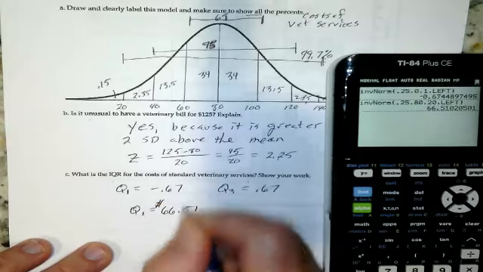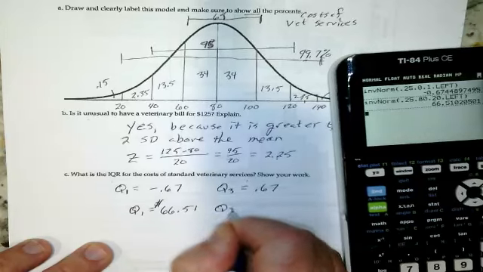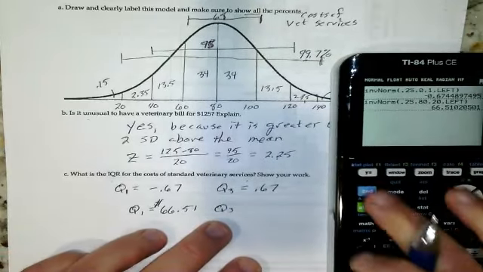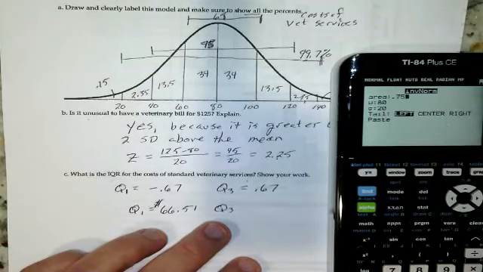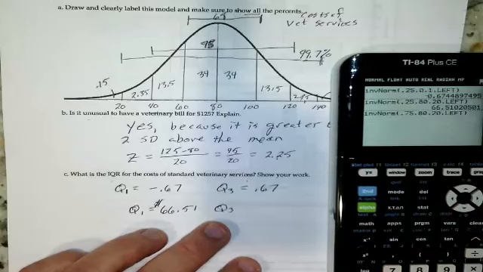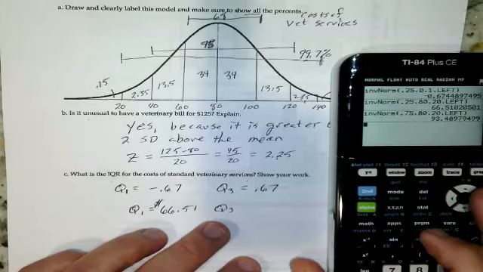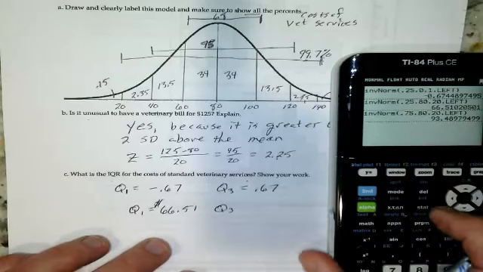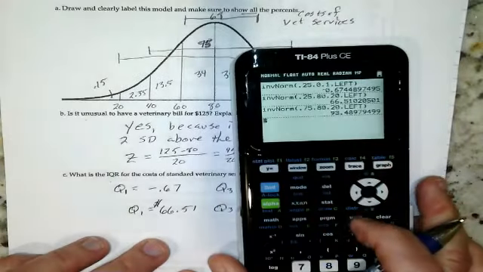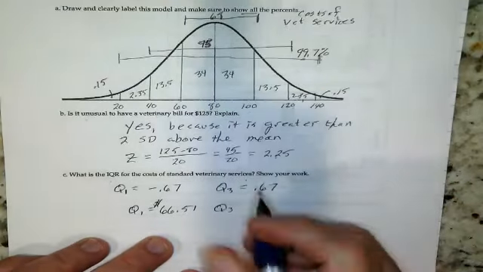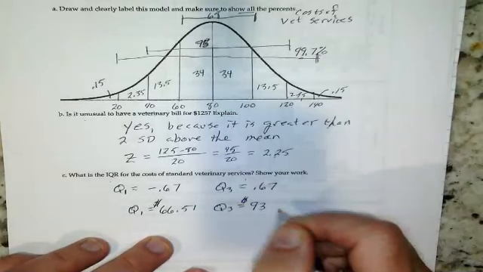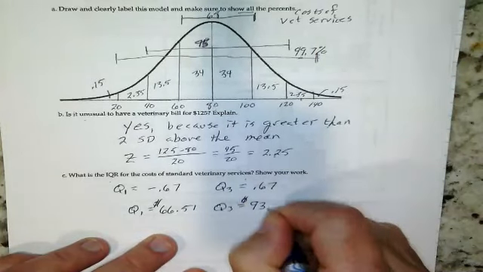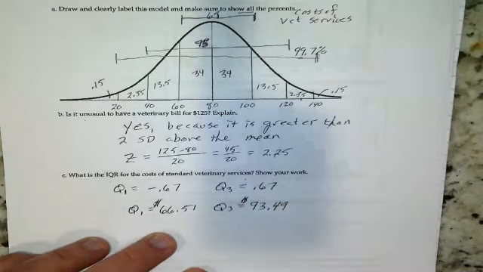This is money. So then Q3, I do the same thing. I do second distribution, go 0.75 of those numbers. And that number is $93.49. See those numbers? 93.49. And then I subtract those two.